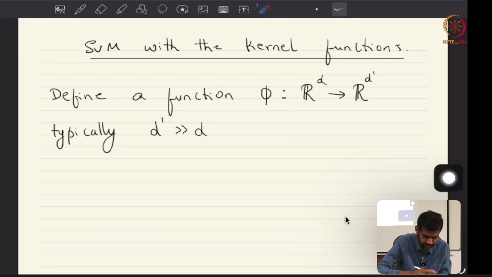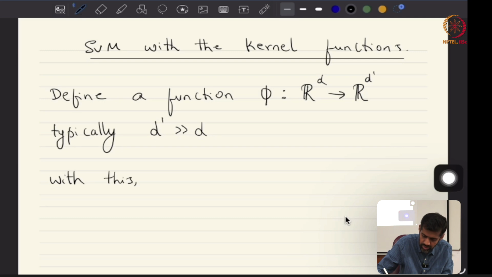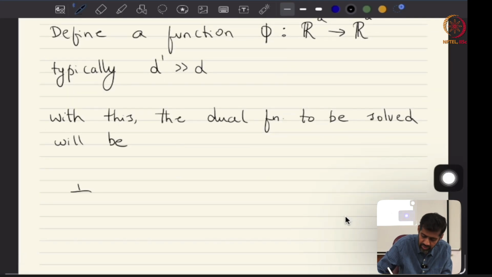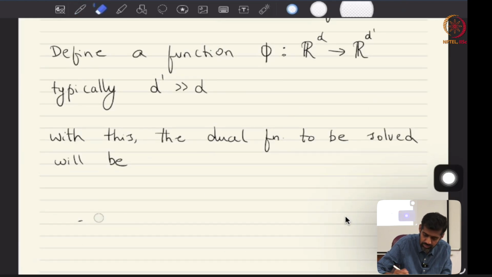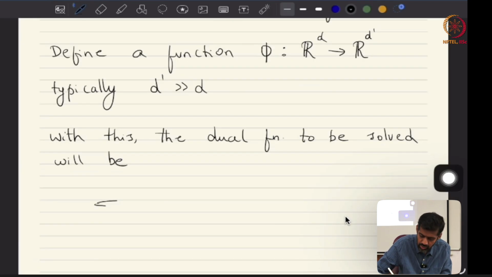Now with this, the dual function to be solved will be: maximize over mu, sum over i of mu i minus half sum over i sum over j of mu i mu j yi yj.